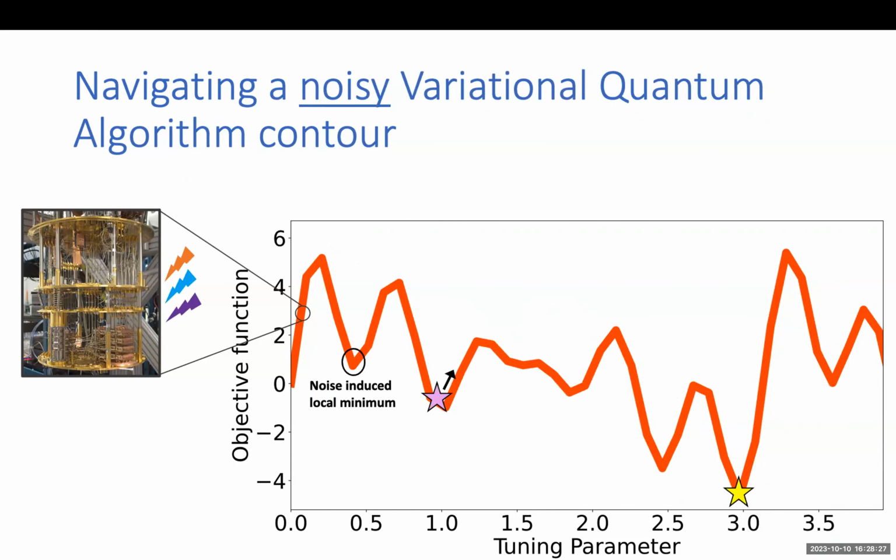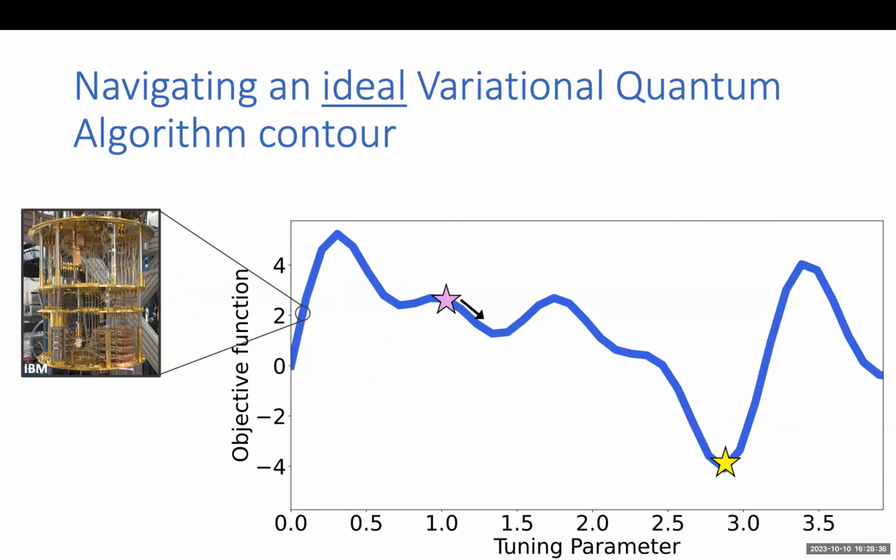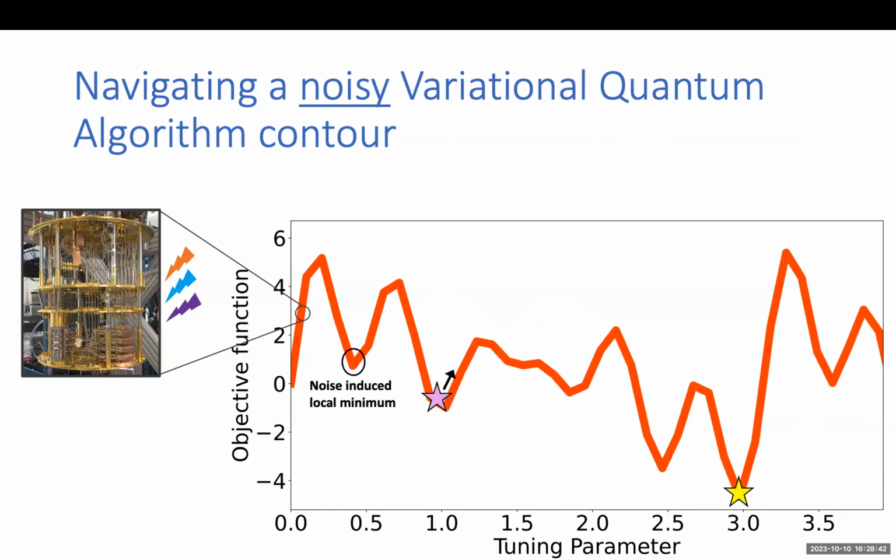But unfortunately, quantum computers are noisy. They are very noisy today. They are going to be less noisy tomorrow, but they are still going to be noisy. And what this does is that even for optimization contours which are fairly smooth and have some nice gradients you can follow, noise makes this much harder, right? It fills it with a bunch of spikes because noise affects the objective evaluation in many ways.